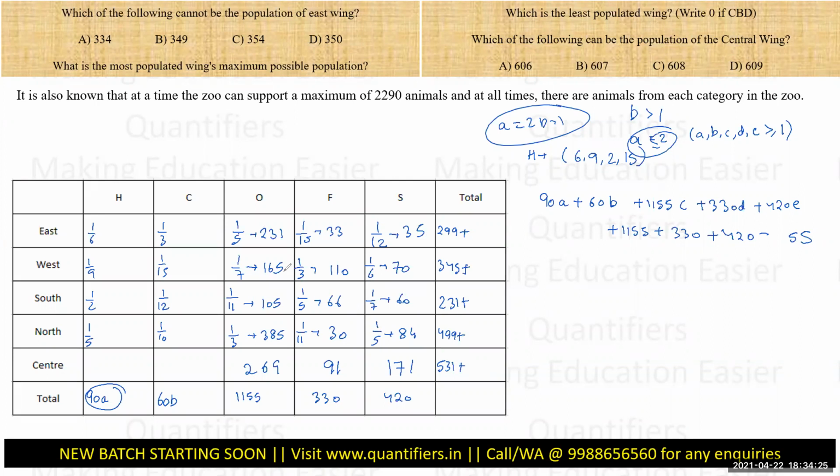Okay. Now if A is 1, if I'm taking the minimum A as 1, so this is 15, this is 10, this is 45, this is 18. 15, 10, 25, and 45, 70 is 88.